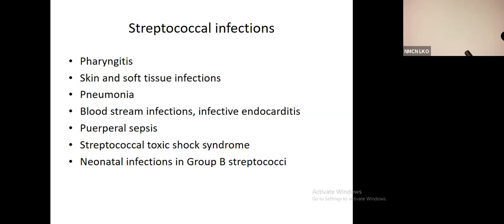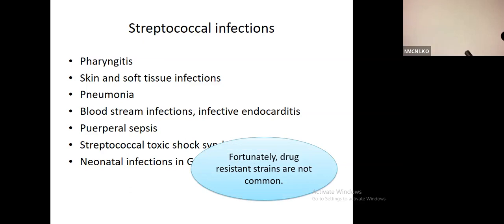Very important because often the mother's birth canal is colonized with this. So you may have problems in the neonate if the baby is delivered with that. In fact, in some centers abroad, they screen all mothers for group B streptococcus.